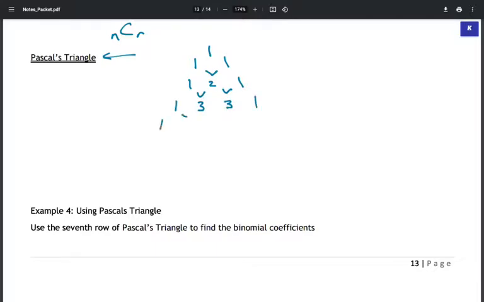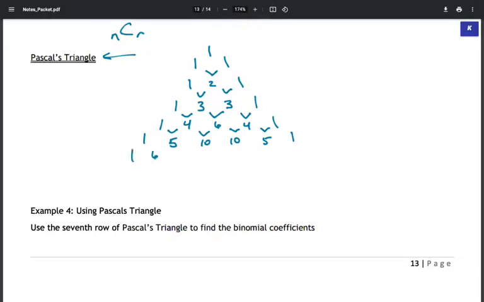So you have 1 here. Those add up to be 4. Those add up to be 6. Those add up to be 4, and then 1 has to be on the end. And then we've got 1. Those add up to be 5. Those add up to be 10. Those add up to be 10, and then 5, and then 1 on the end.